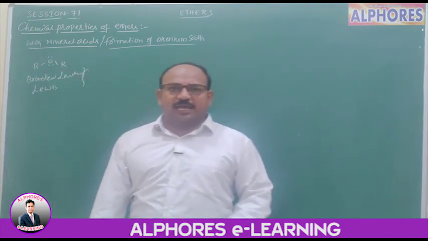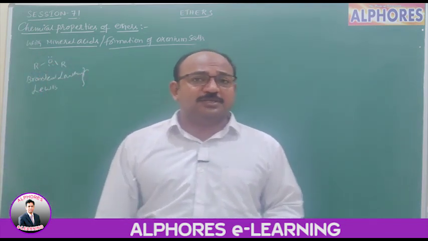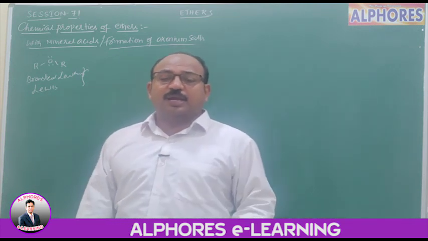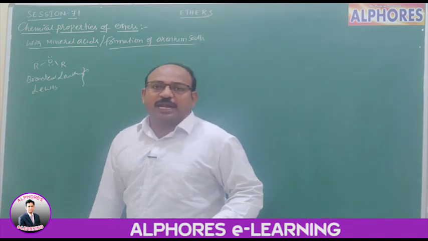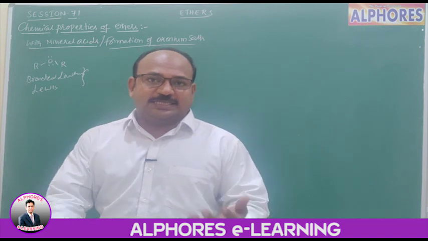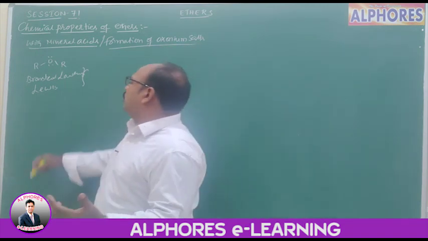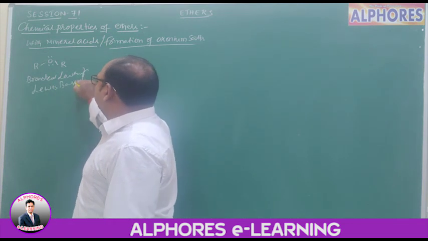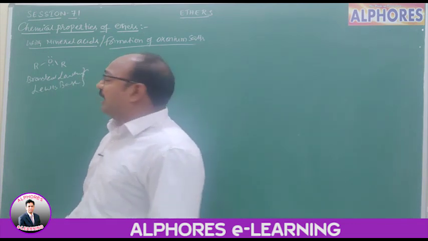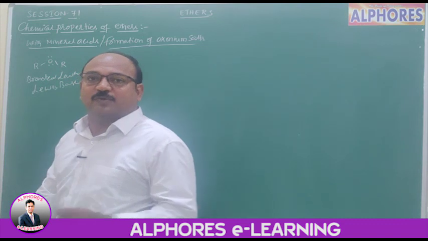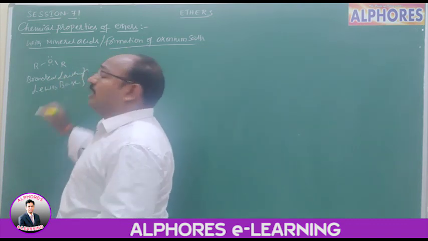Let us see the reaction. ROR ethers have the tendency to donate the lone pair of electrons. Because of the presence of lone pair on oxygen in ethers, this acts as a Bronsted-Lowry base, also called Lewis base.